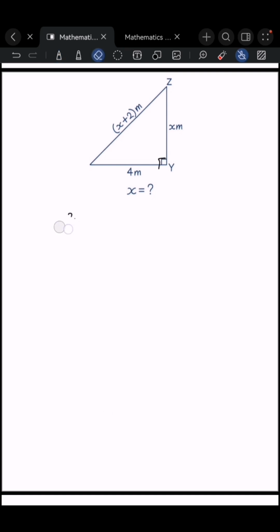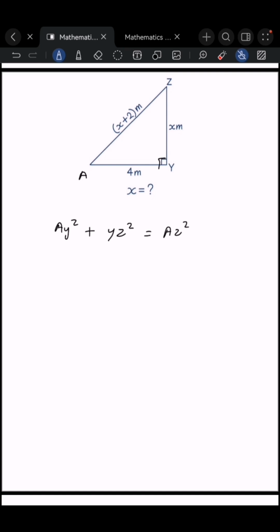In this case we can't use x, but let's just say a, y, z are the vertices. We're going to say AY squared plus YZ squared should be equal to AZ squared. Pretty straightforward.